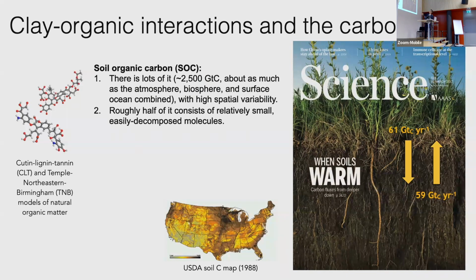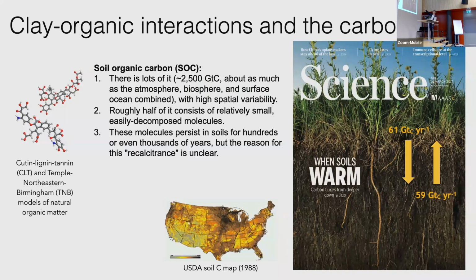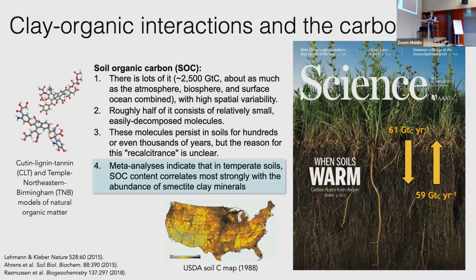But recent work has been suggesting that at least half of it consists of actually relatively small molecules like these models up here that should be fairly readily respired by microorganisms. So we don't know exactly why they persist for a long time. But carbon dating suggests that they persist in soils for something on the order of hundreds or thousands of years in some cases.